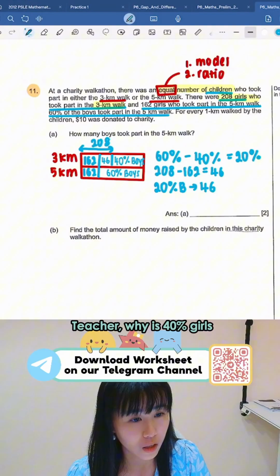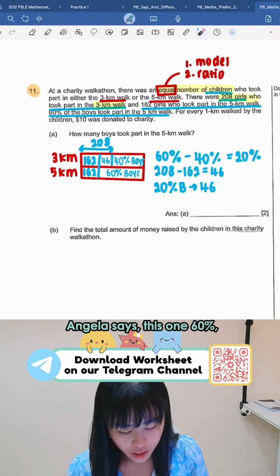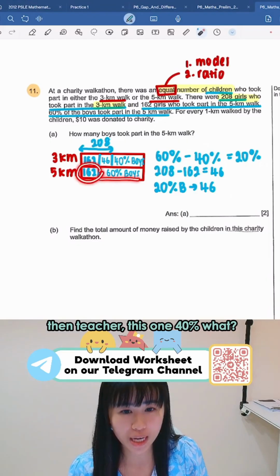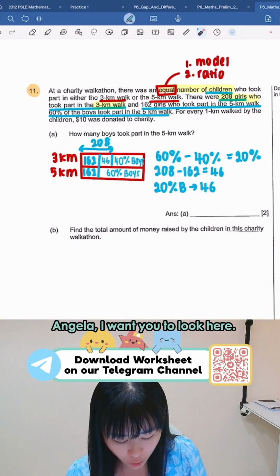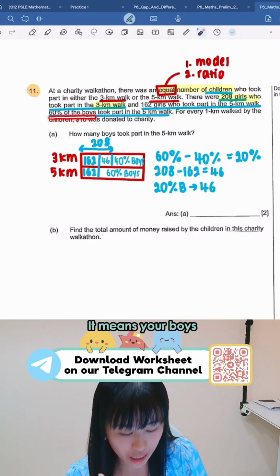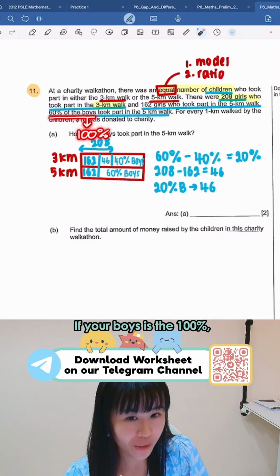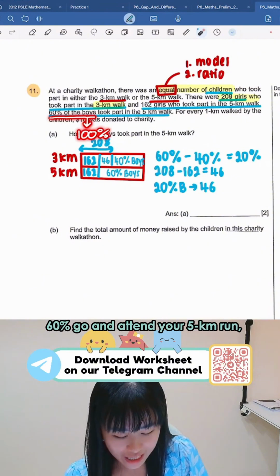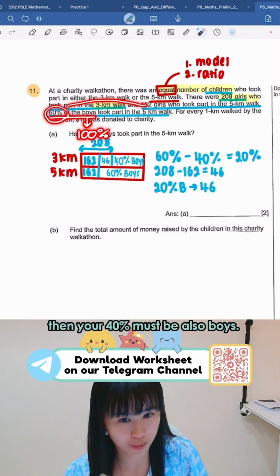Alright? Jill, why is 40% boys and not the 5 km one? Angela says, this one 60%, then teacher, this one 40%. Why is the 40% here? Because I want to look here. 60% of the boys. It means your boys must be your 100%. If your boys is 100%, 60% go and attend your 5 km walk, then your 40% must also be boys.